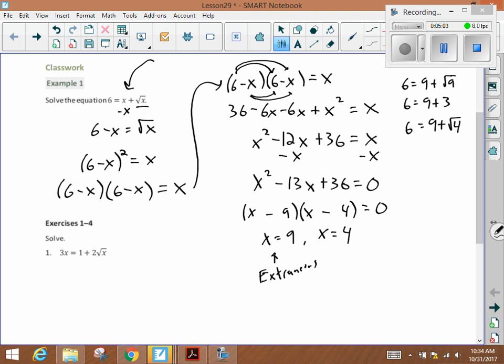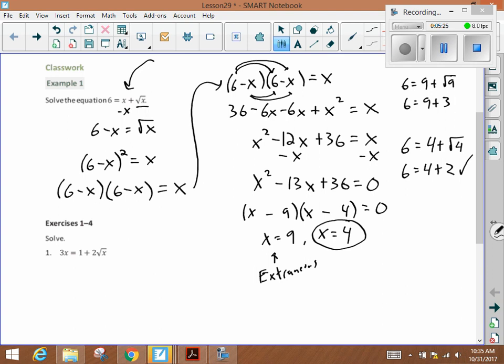My bad, sorry, 4. Wow, I was just writing what was above it. Sorry about that. 6 equals 4 plus the square root of 4. That's better, right? And the square root of 4 is 2, so that one checks out. So this is our actual only solution.